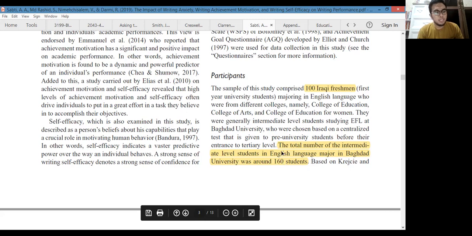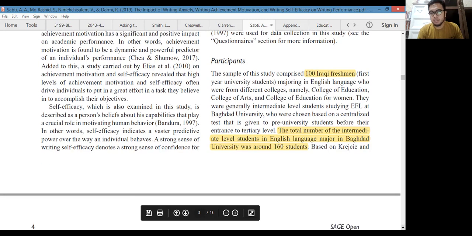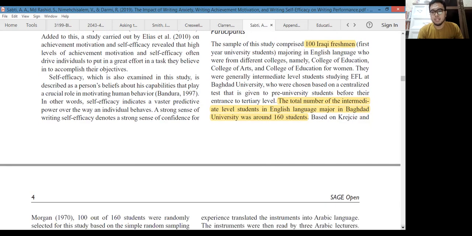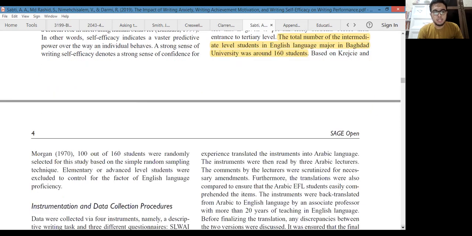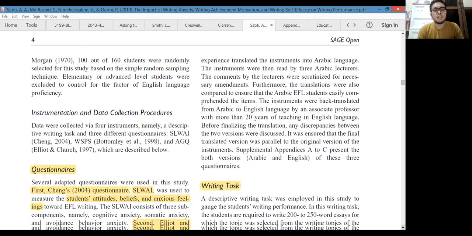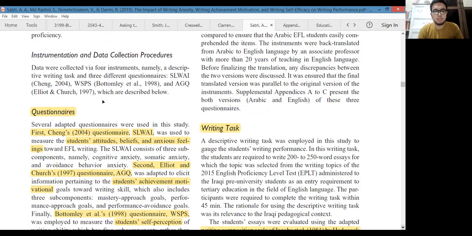When we look at the requirements of a good correlational study, as stated by the previous presenter, it should have an adequate sample. In this case, they use more than 15% of the total students, so it can be claimed that the study is credible enough.